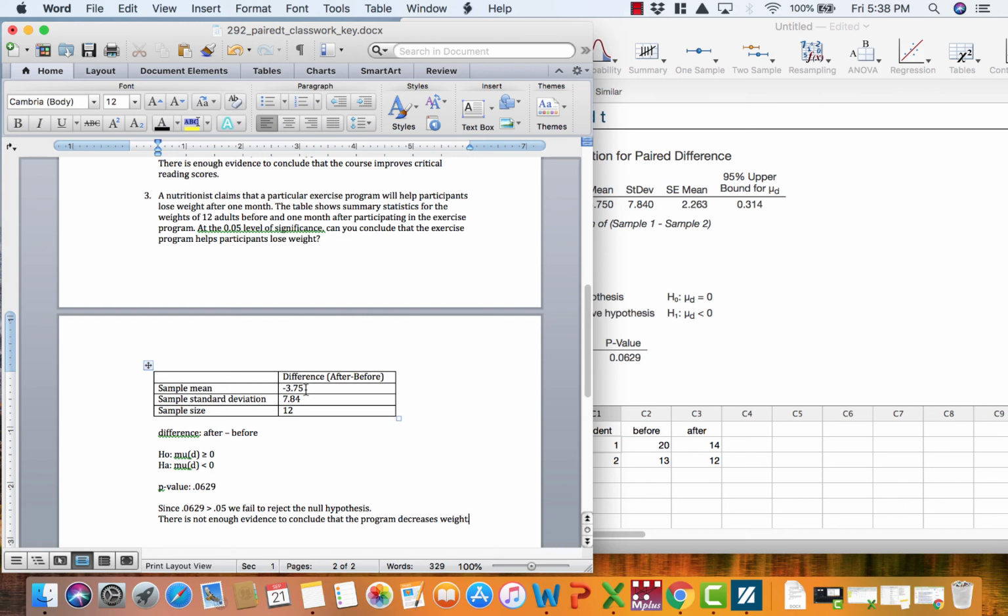All right, so is losing 3 3/4 pounds significant? And what we find with our p-value is that it's not. It's an arithmetic difference, but it's not a statistical difference. It's not far enough away from 0 to say that after is significantly less than before. Okay, so that's kind of what's happening here statistically.